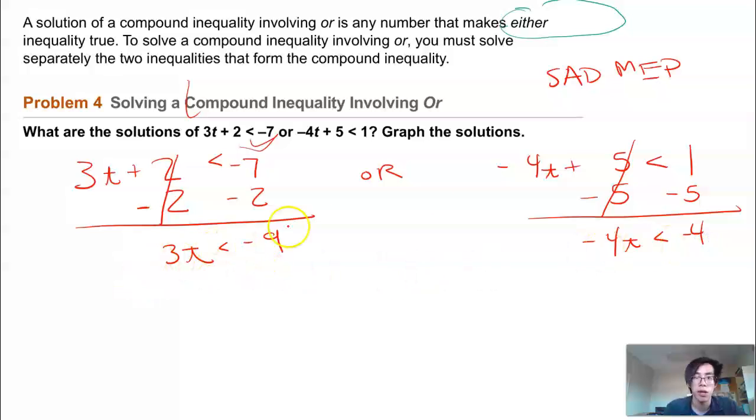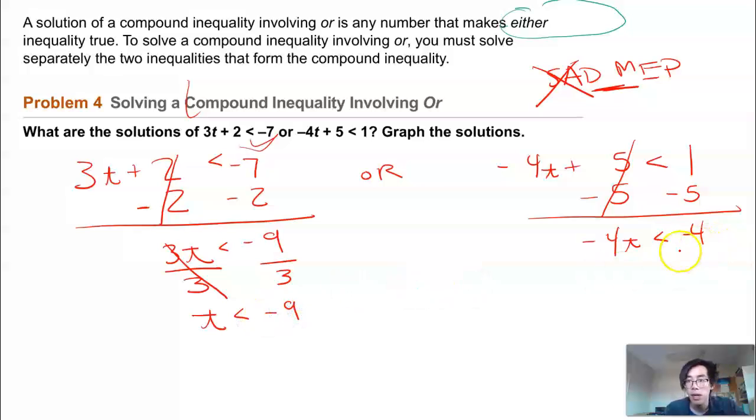Once I'm done with subtraction and addition, I can move on to canceling out division and multiplication. Since this is being multiplied, I'll divide both sides by 3. That cancels out and gives me t is less than -3.